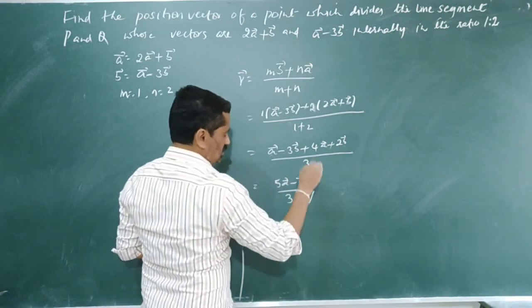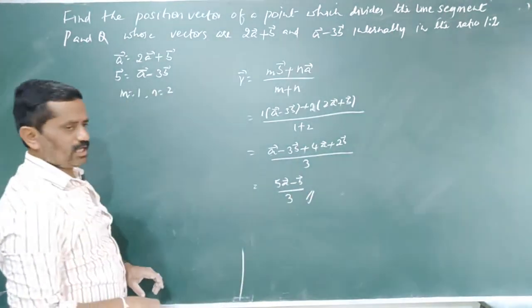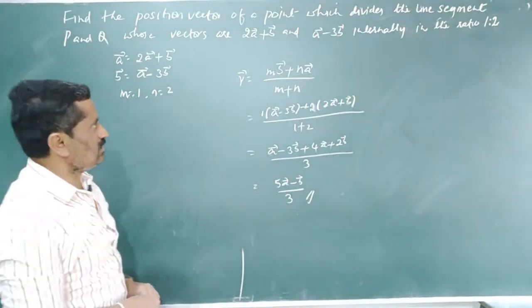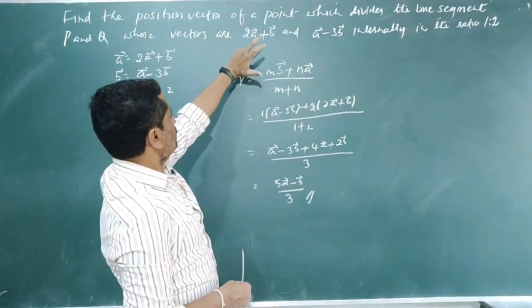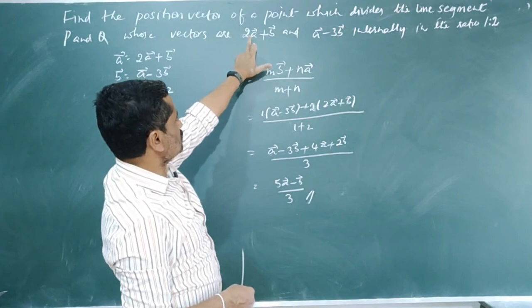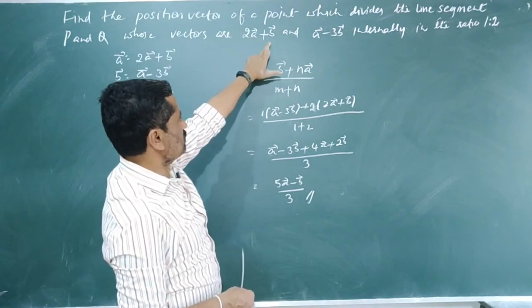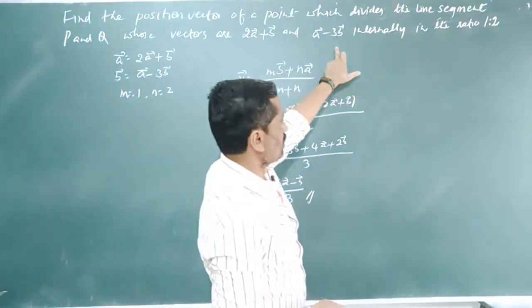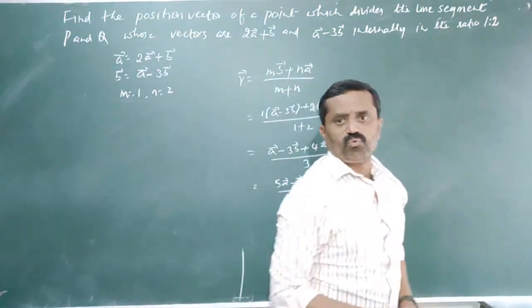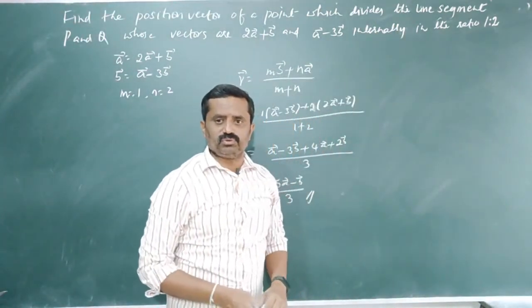So this is the position vector of the point which divides the line segment joining the two points 2A bar plus B bar and A bar minus 3B bar in the ratio 1 is to 2.